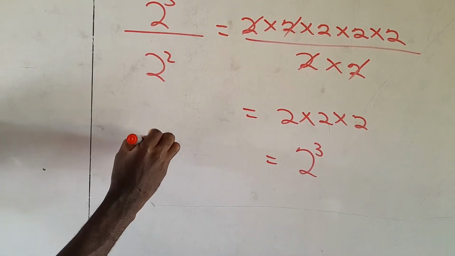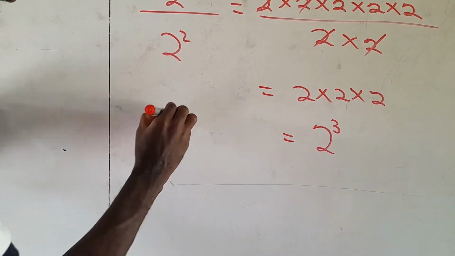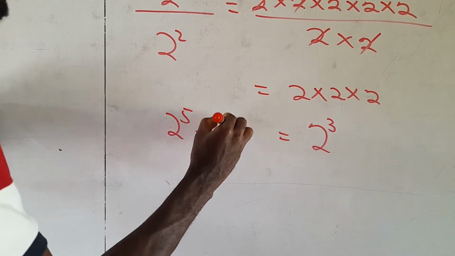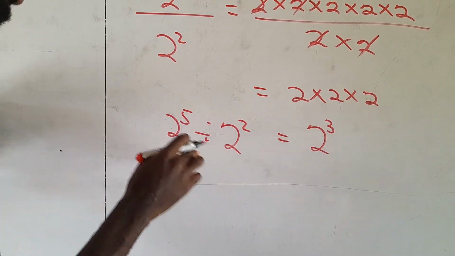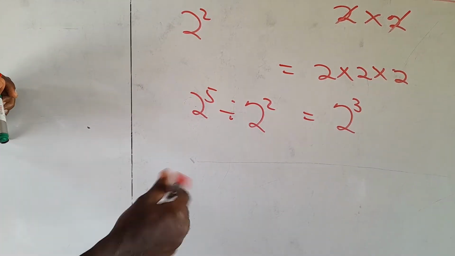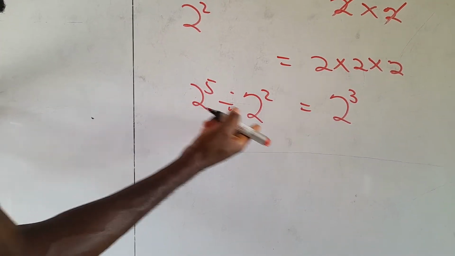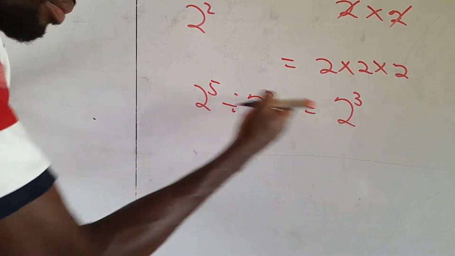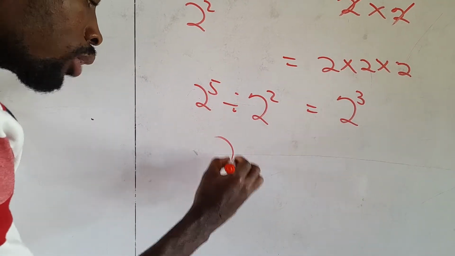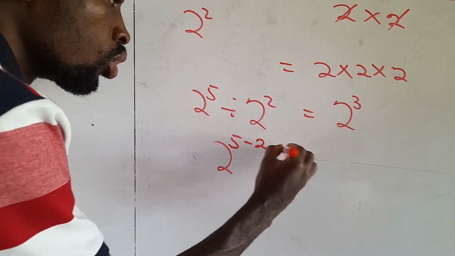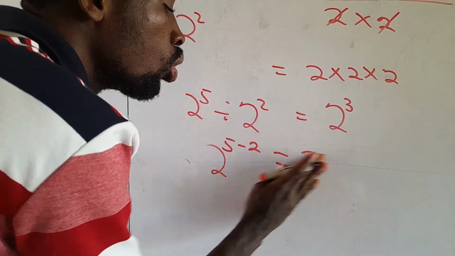Look at it, when we have 2 exponent 5 divided by 2 exponent 2, after expanding we have 2 exponent 3. So it means that when two indices with the same base are divided, we just repeat the base and subtract the exponents. That will be 2 exponent 5 minus 2, which is 2 exponent 3.